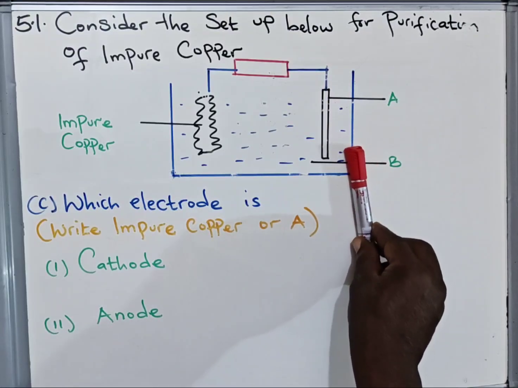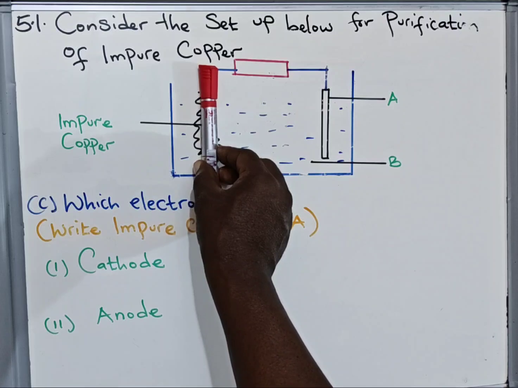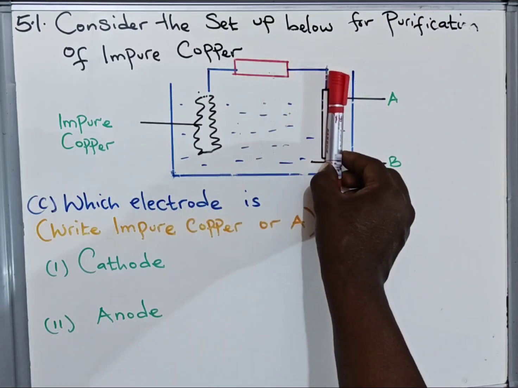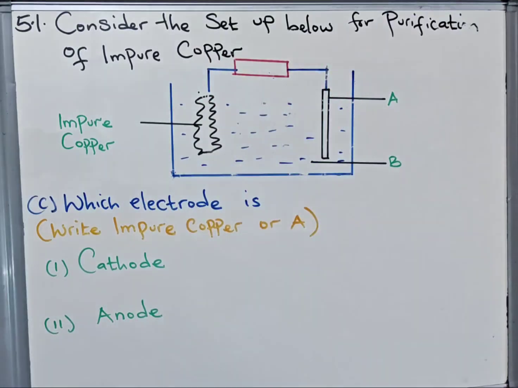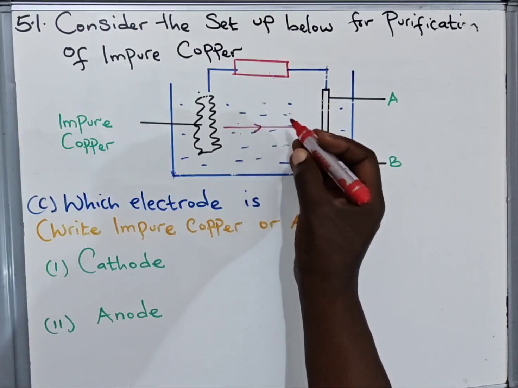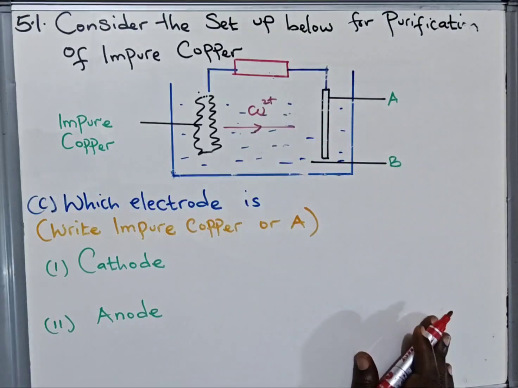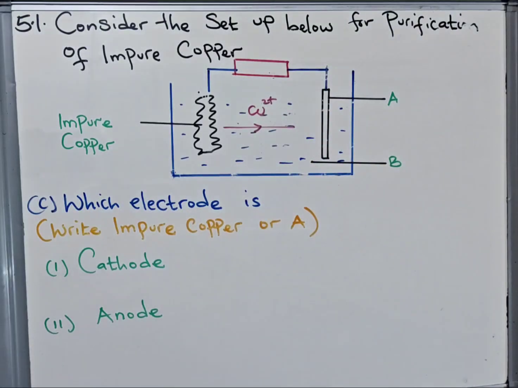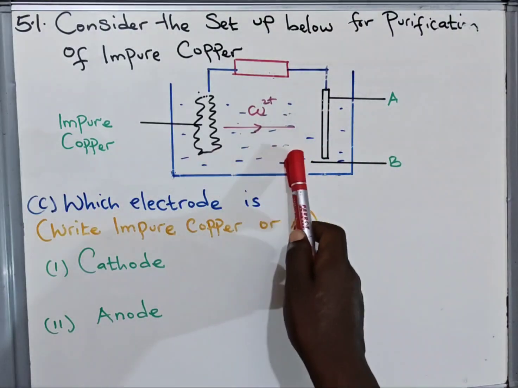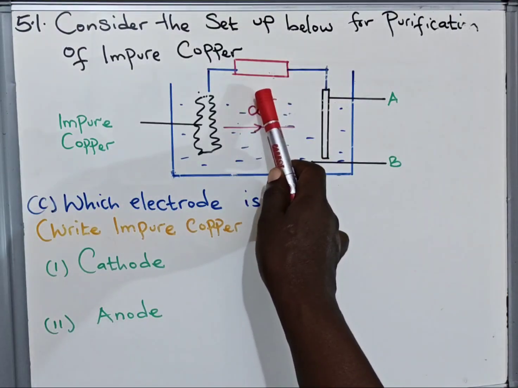The intention is that copper is going to be migrating from the impure copper and become deposited here. We have to know that copper is moving in the solution as copper ions, Cu2+. And copper ions are cations.